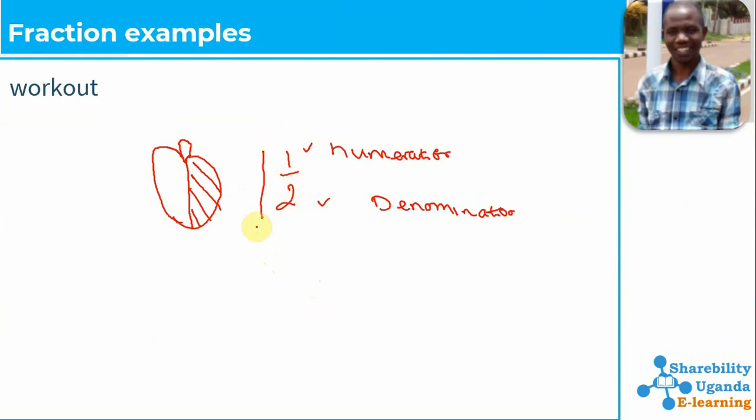We shall also be looking at, if you have been given a whole mixed fraction, how do you change it to a proper fraction, or how do you change it to an improper fraction? Alright, so for this lesson we shall look at some different categories of these fractions and solve some numbers.